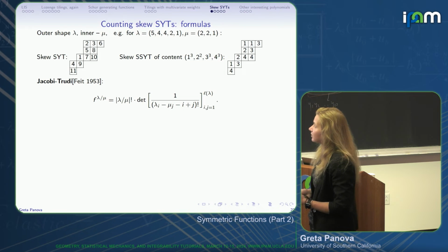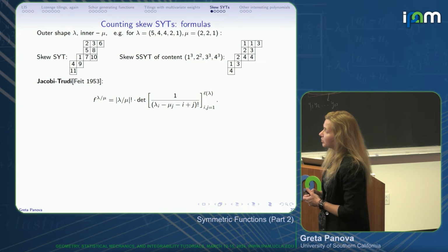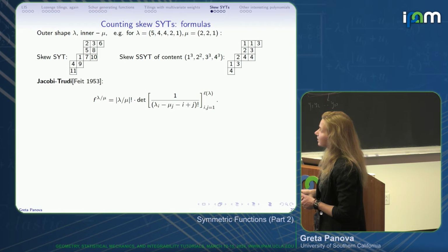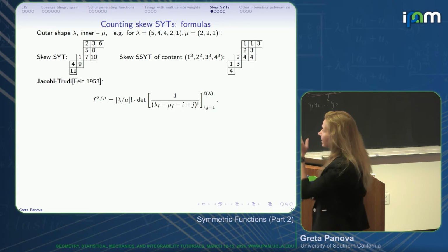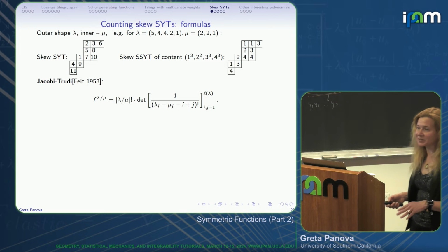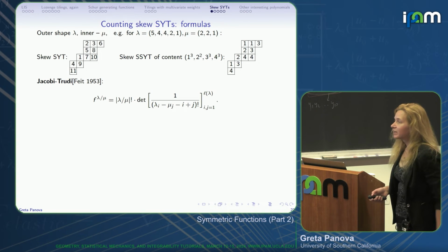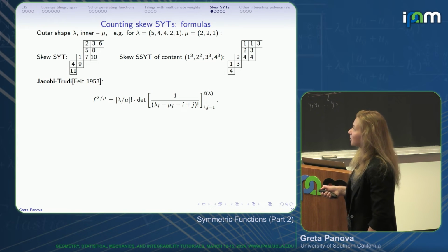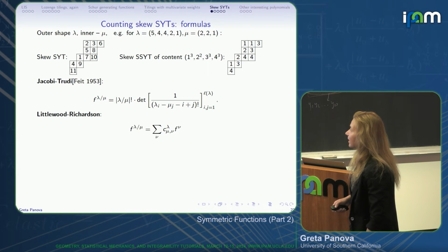First, we can use the Jacobi-Trudi formula to extract a determinant out of this. Our favorite determinants. This actually comes from lattice paths in some sense, even though when you consider the standard Young tableau, you need to do a map here.